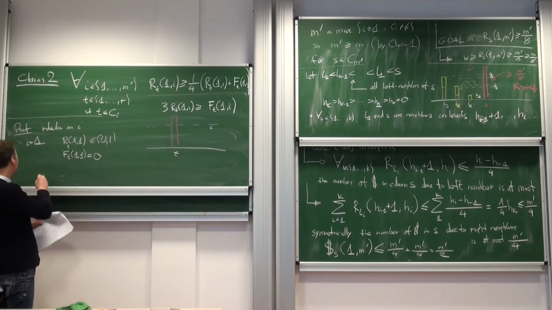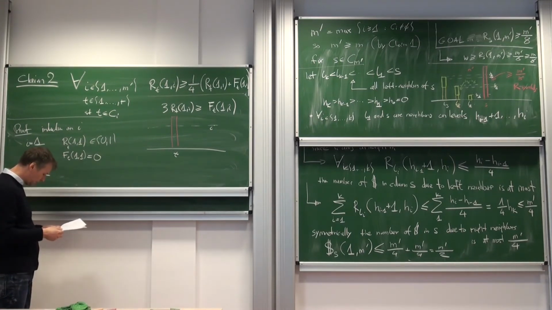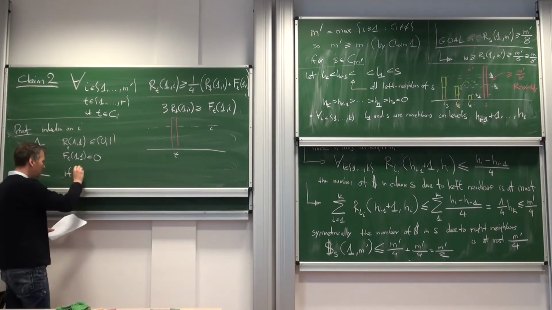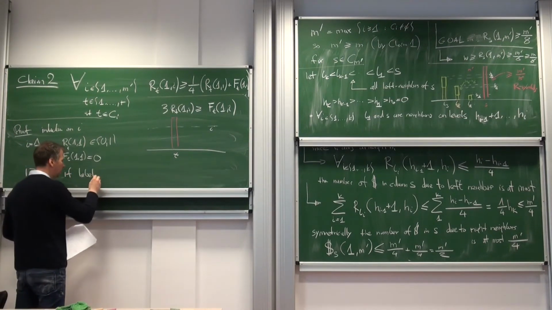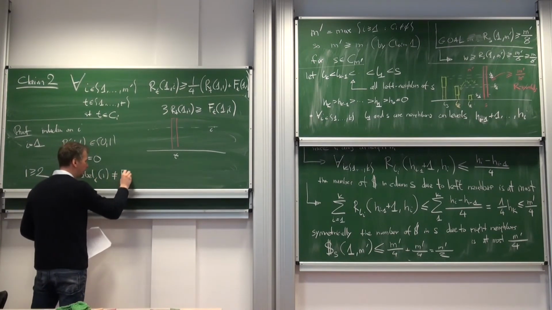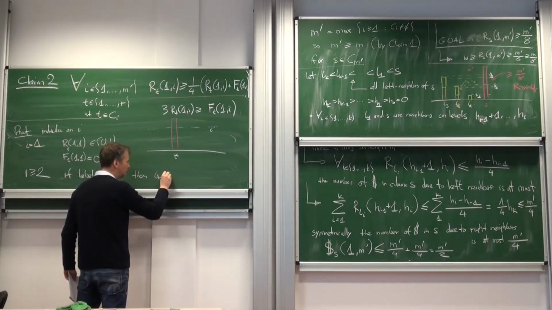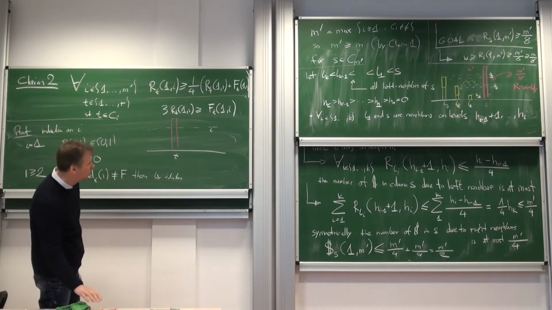And now when we go to i greater or equal to 2, the first thing to notice is that if the label of our column is not F, then this is just by induction. Because look what we have.